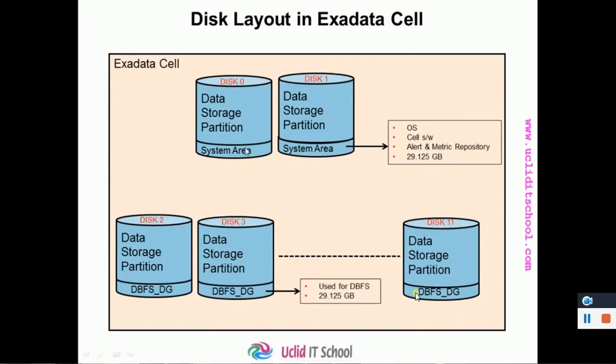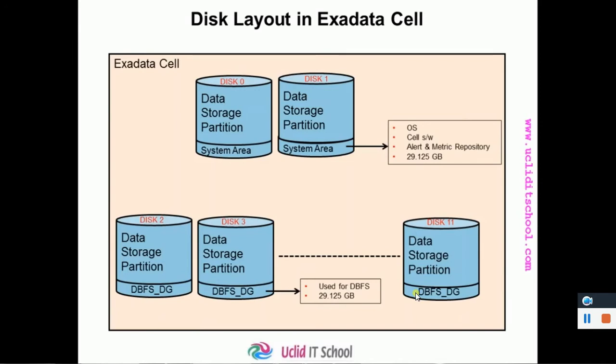The same amount of space is used for DBFS DG on the remaining 10 disks. So on the remaining 10 disks, again the same amount of space, that is 29.125 GB, is used to create a disk group called DBFS DG.